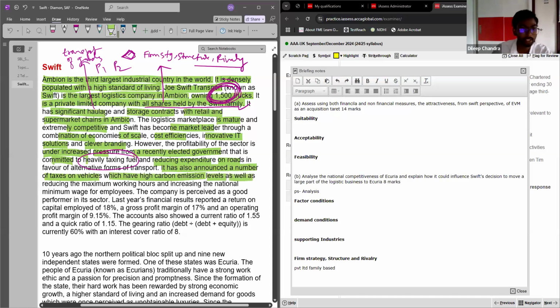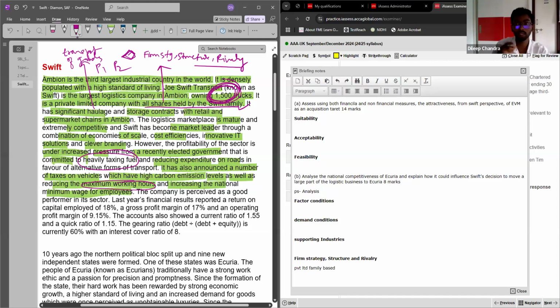As well as reducing the maximum working hours and increasing the national minimum wage for employees. Whoa, so many things are happening in this one single sentence. Reducing the maximum number of working hours. So if they're reducing the maximum number of working hours, what happens?